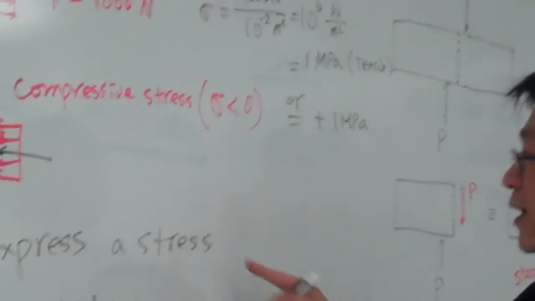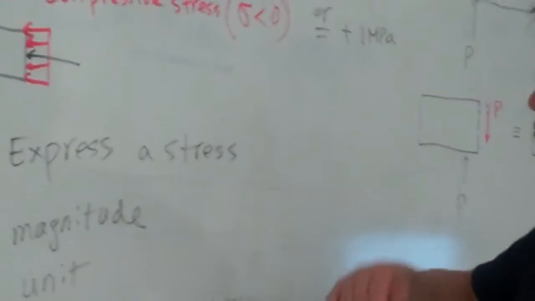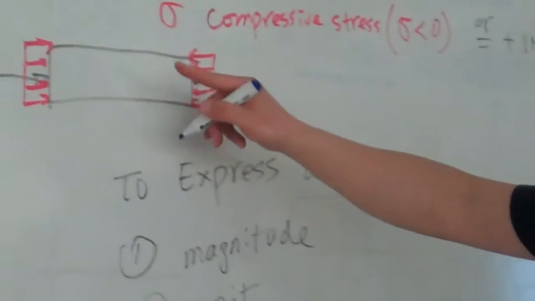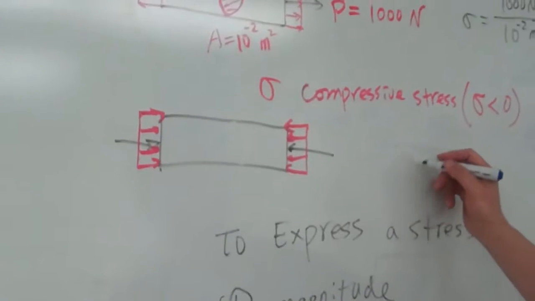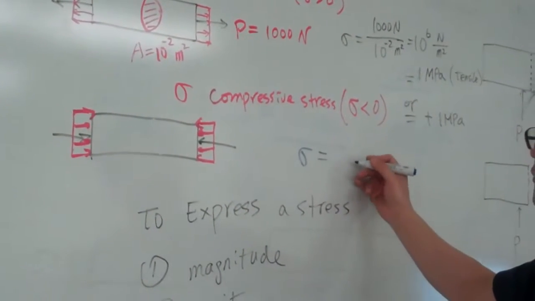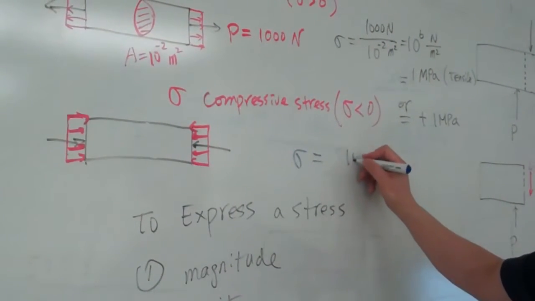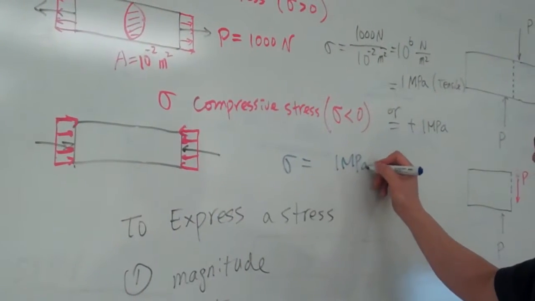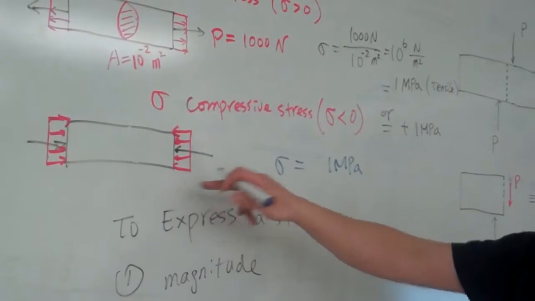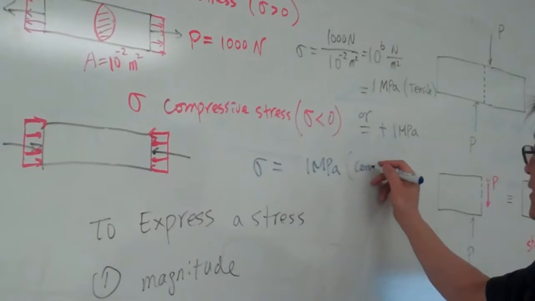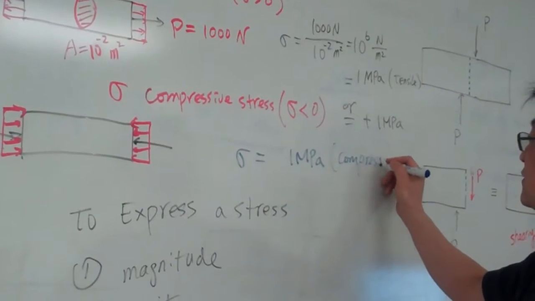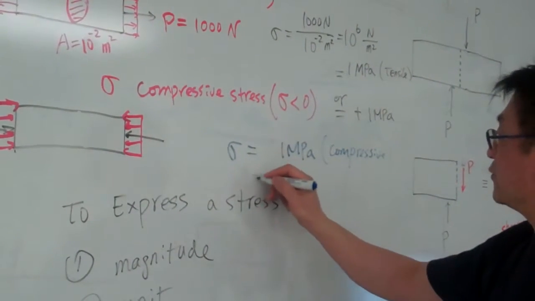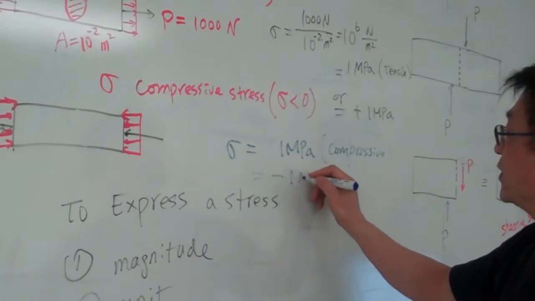For this case, the same area, the same magnitude, so the stress in calculation is 1 MPa. And because we observe this is compressive, you have to write it up as compressive, or you can write it as minus 1 MPa.